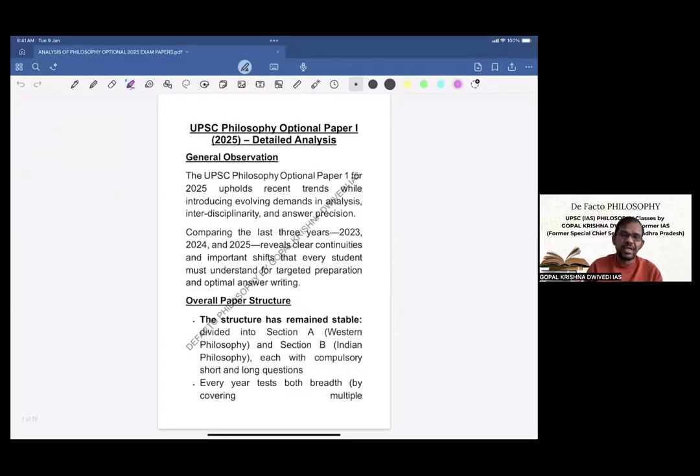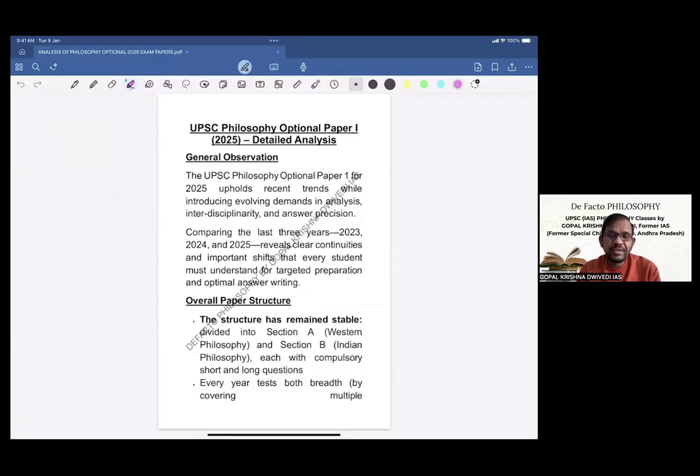First I will start with paper 1 and then go to paper 2. In paper 1, as I told, the structure is the same, but it has more analytical and more interdisciplinary questions, particularly if you compare with previous years.